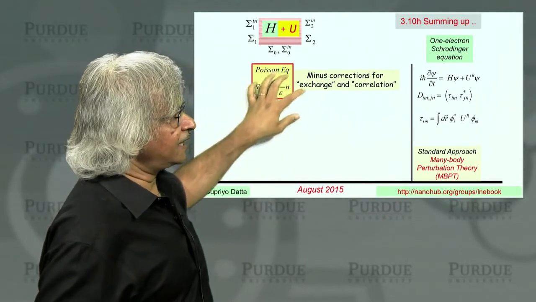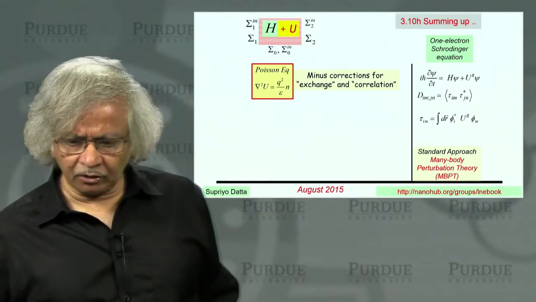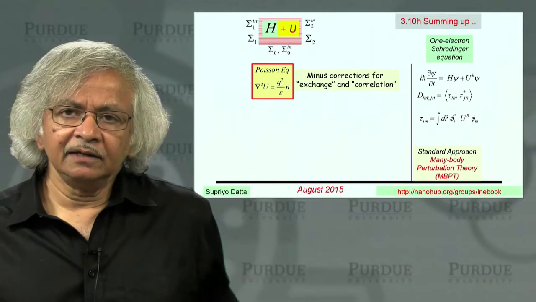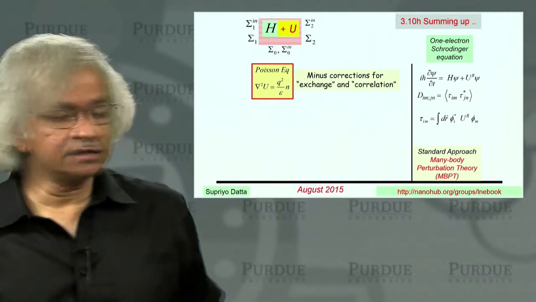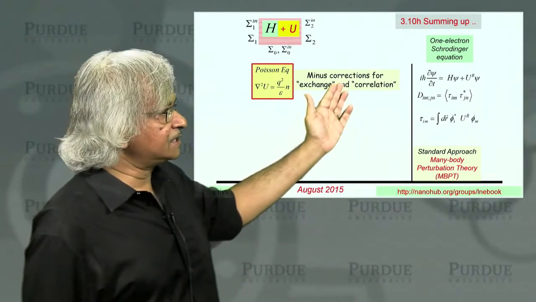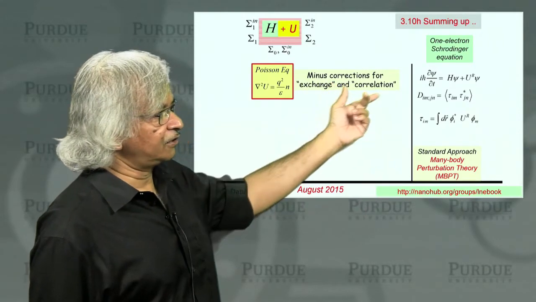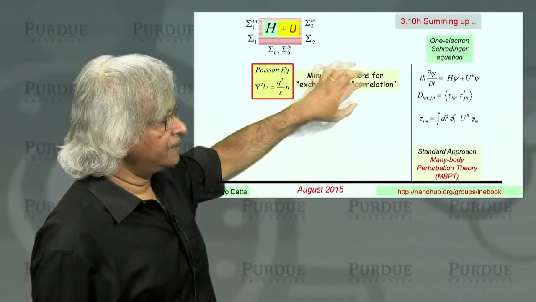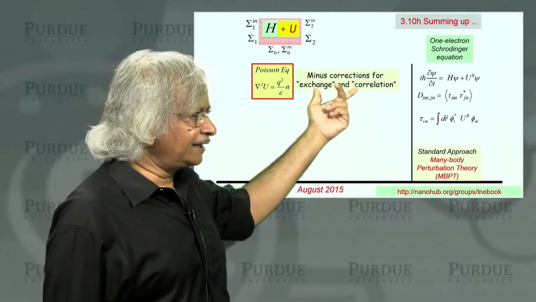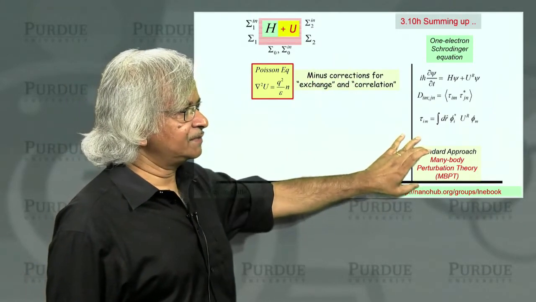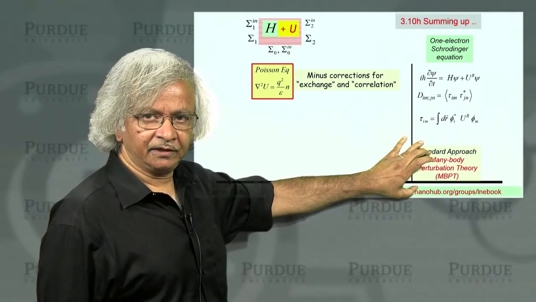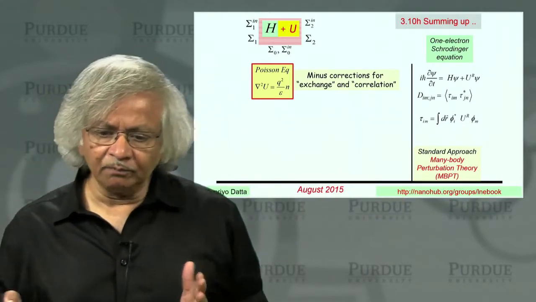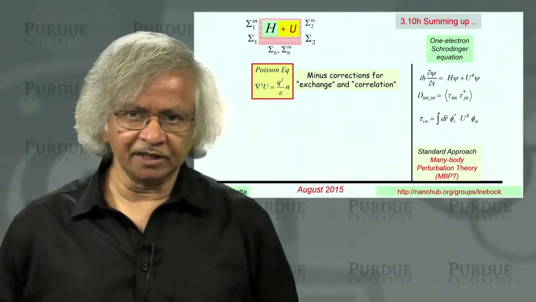And usually that's calculated through the Poisson equation, or what you might call the Hartree approximation. But in general, for small conductors, it's often important to include these corrections for exchange and correlation, these many-body effects. And again, the way you try to calculate these terms is using this many-body perturbation theory. Although there are approaches where you go beyond that, do something different.